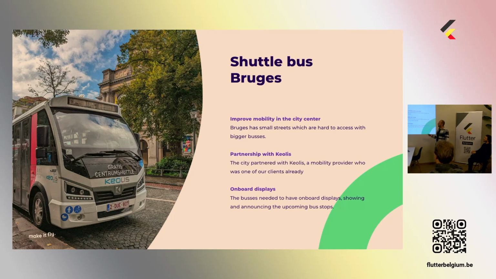So what actually happened, as you all are aware of, a lot of things are changing in mobility these days. I think near the summer, De Lijn decided to completely overthrow their current schedules and change everything. And with that, there was a possibility for the city of Bruges to improve their mobility as well.